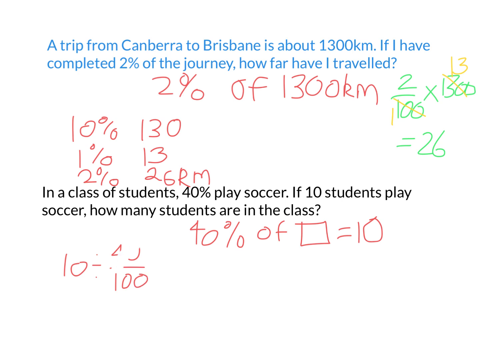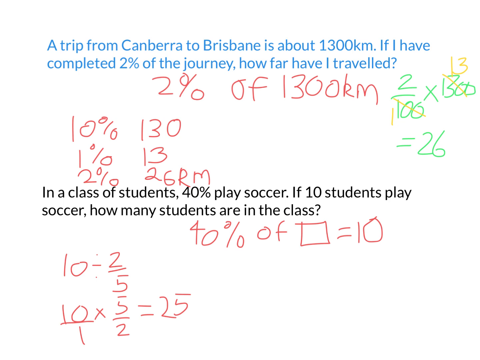So 40% and 40 over 100 are both equal to 2/5. So we can do 10 divided by 2/5. So remember, to divide fractions, you flip the second fraction, make it a times. If you have a whole number, write it over 1. So this is 50 divided by 2, which gives us 25.